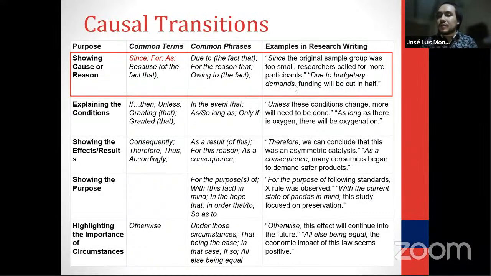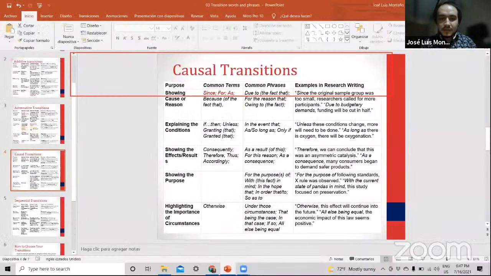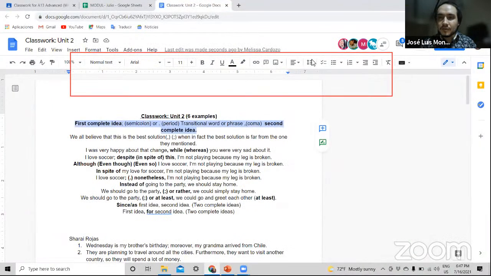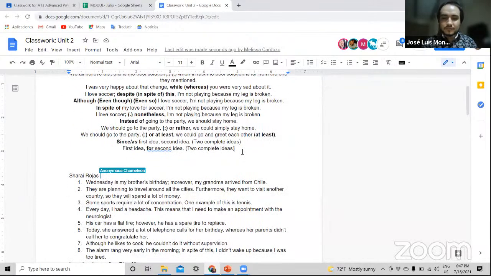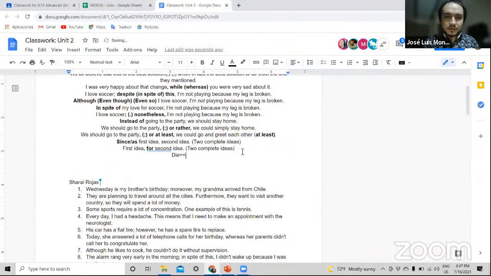Or you can say, due to the fact that I was at the party, comma, I was able to see what happened. So you have two options, and I'm going to write that also in the document. In case you want to use that differently, I'm writing those extra examples over here. So you can say, due to, as a phrase. You can use that with a phrase, comma, and a complete idea.